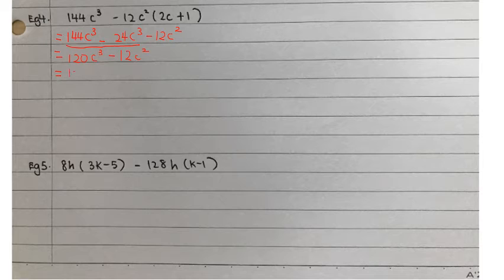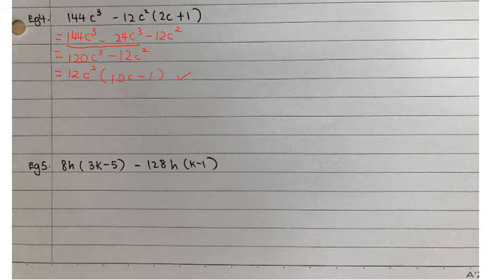So 12 is a common factor. And for our c cubed in the first term and c squared in the second term, we could factorize out c squared. And thereby our answer will be 12c squared bracket 10c minus 1.